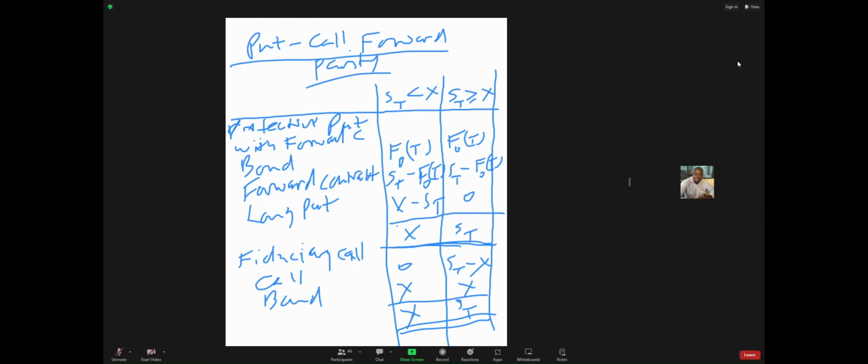So the modified equation, which we can now call put-call-forward parity. Put, call, forward, parity.